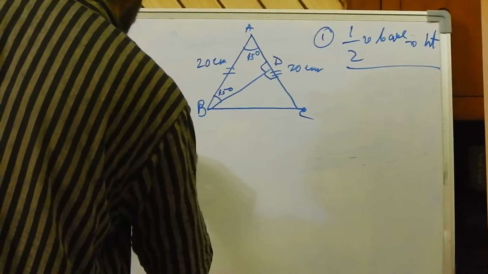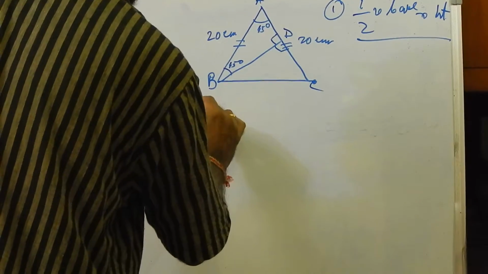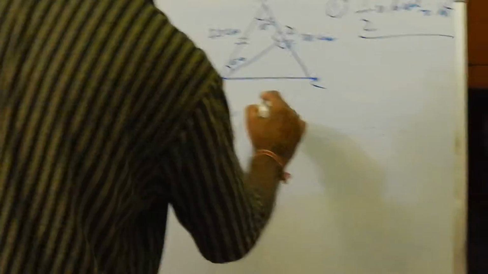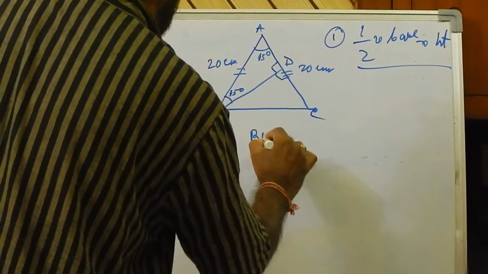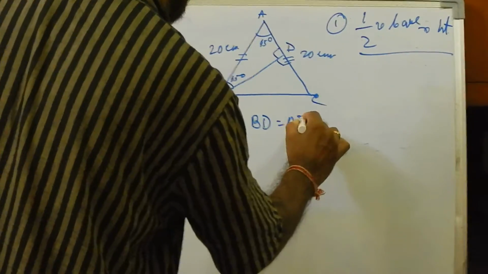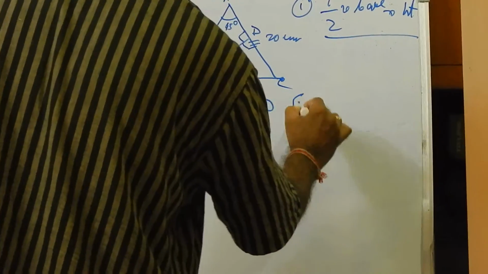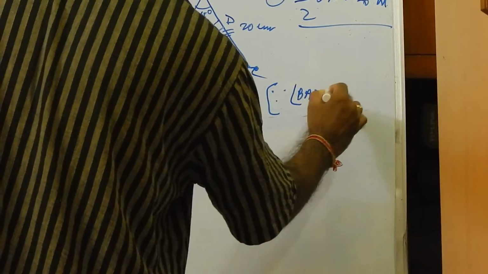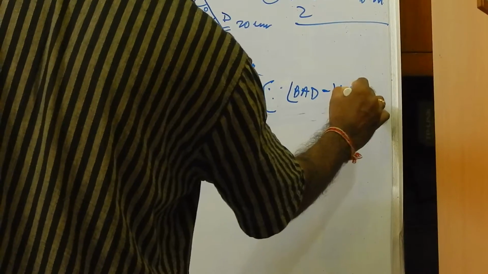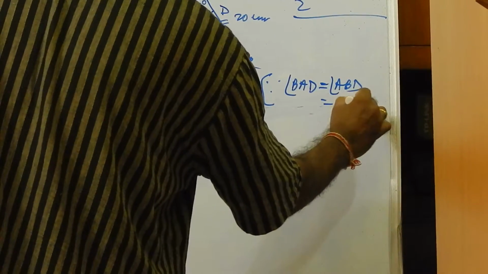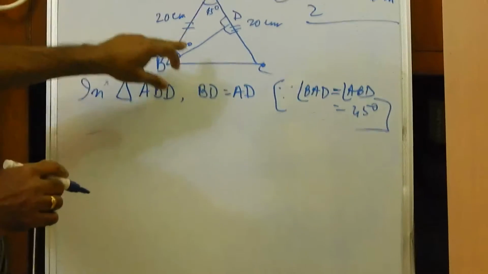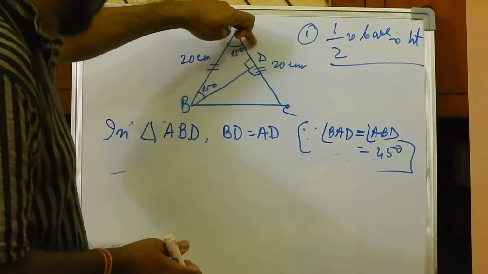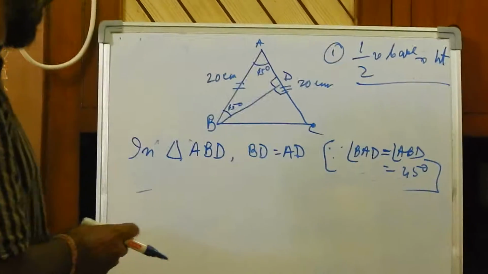So in triangle ABD, BD equal to AD, because angle BAD equal to angle ABD equal to 45 degree. So obviously BD equal to AD. This side equal to this side.